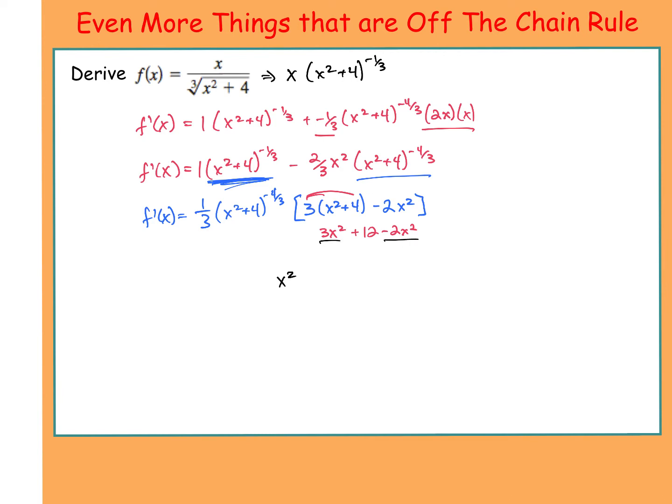X squared. And then plus 12. Then in my denominator, I still got this stuff going on. So I now have a 3 on the bottom, and then I have x squared plus 4 to the power of 4/3. And so there is my derivative. All right? Pretty good?